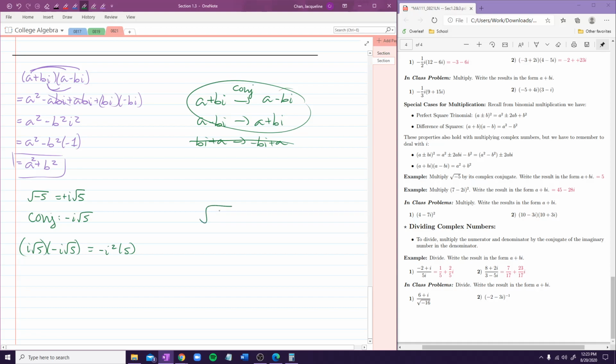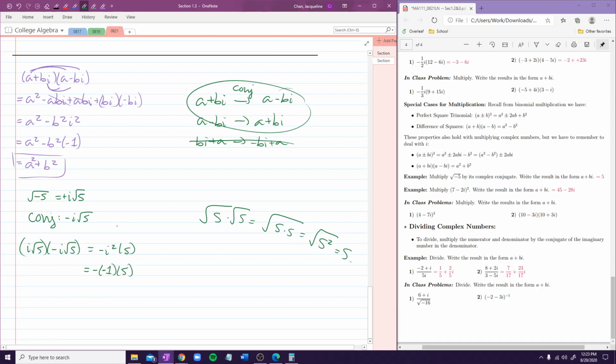Okay, because, let's see. This is the square root of 5 times 5. Okay, you could say 25, or you can say 5 squared. This is 5. Right? It doesn't matter. Okay, but what is i squared? i squared is negative 1, so this is just negative 1.